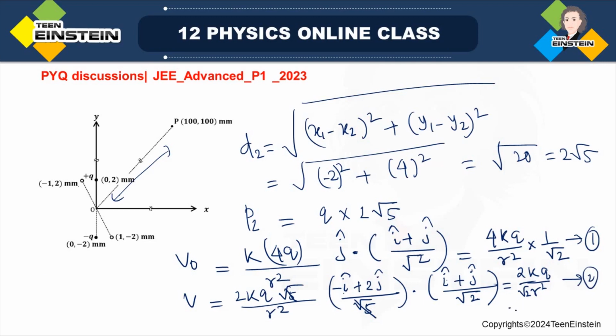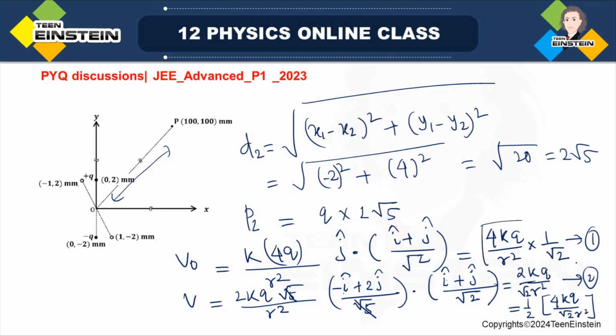If I multiply 2 in the numerator and denominator both places, I can write this as 1 over 2 into 4KQ by root 2 R square.